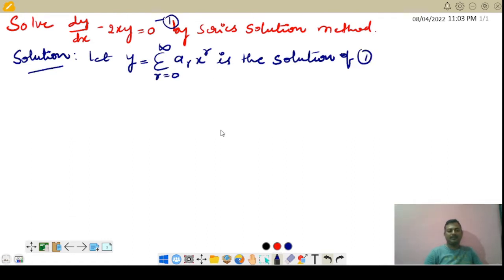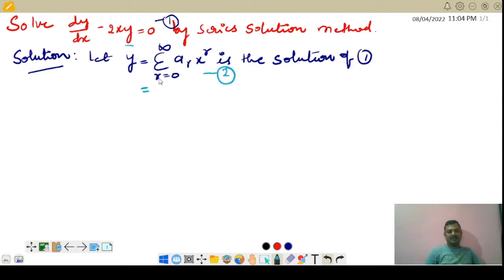Call the given equation as equation number 1 and this as equation 2. Now we have a y value, student, and we have to find out dy by dx and substitute in this equation. So first you need to observe what summation of a_r x raised to r represents.